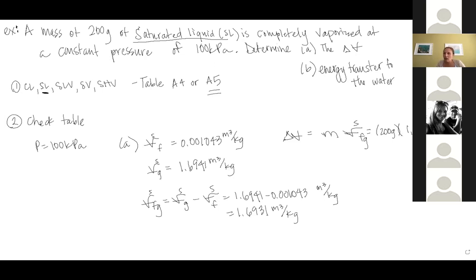So we will need 1 kilogram has 1,000 grams. So now we can get the grams to cancel, we can get the kilograms to cancel, and the term that we're left with is cubic meters, which is the volume term that we want. So this gives us 0.339 cubic meters is the change in volume for part A.